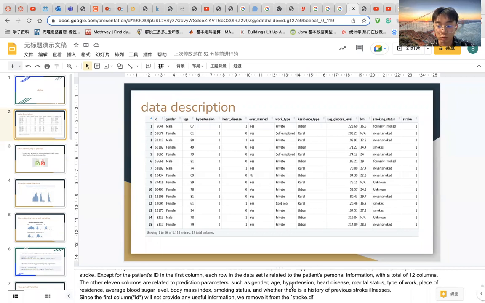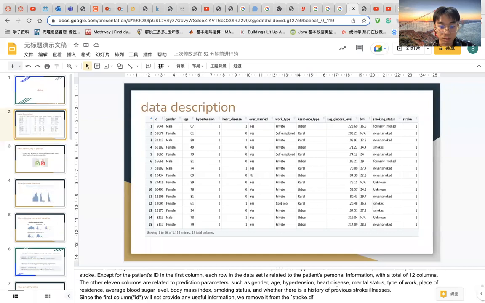The other 11 columns are related to prediction parameters such as gender, age, hypertension, heart disease, marital status, type of work, place of residence, average blood sugar level, body mass index, smoking status, and whether there is a history of previous stroke illness.